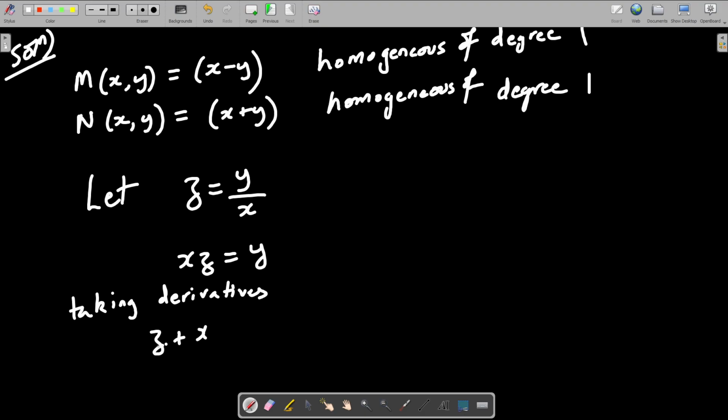So z will remain as it is, x will become 1, plus x will remain as it is, and then you'll have to multiply it with dz by dx. Next over here you have y, so y is a function of x, so that will become dy by dx. Clear? What I've done? I used the product rule on one side and I got this.